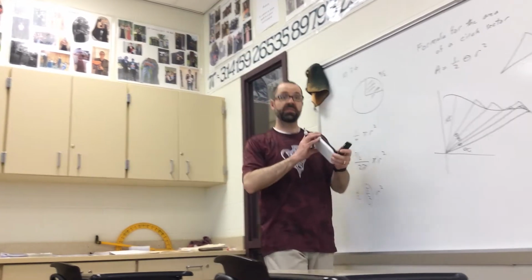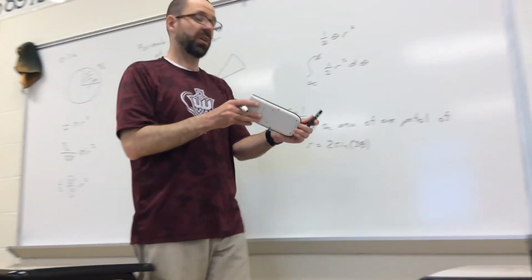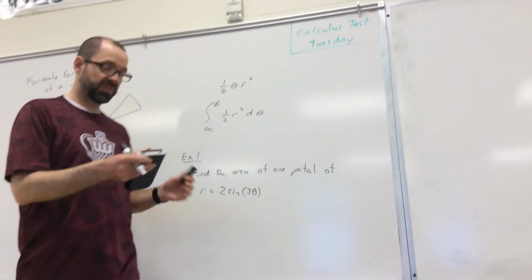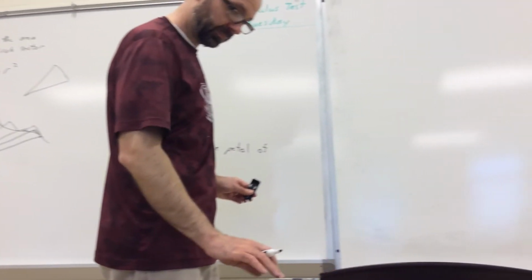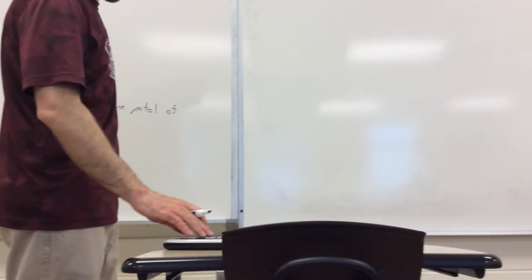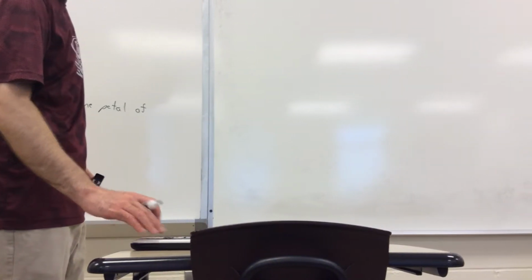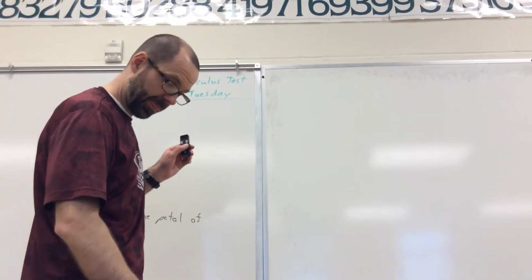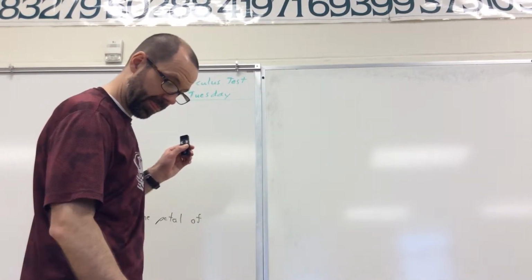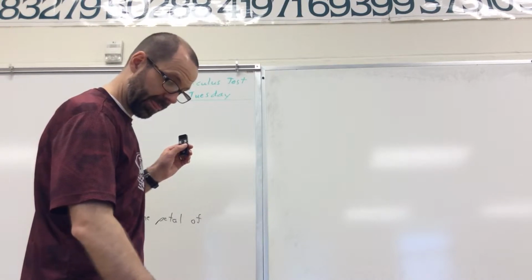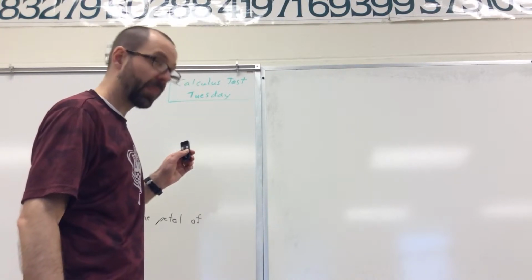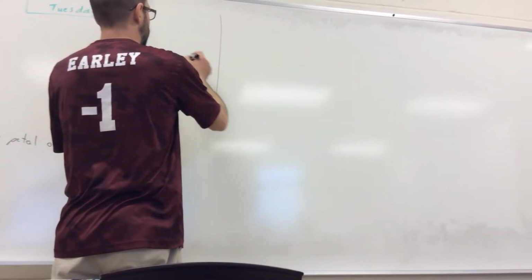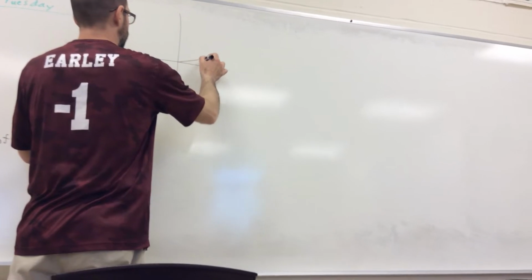So we're going to go ahead and graph that and see what it looks like. If you have your graphing calculator, go ahead and put it in polar mode and graph 2 times sine of 3 theta. And if you type things correctly, you should get something that looks like this.